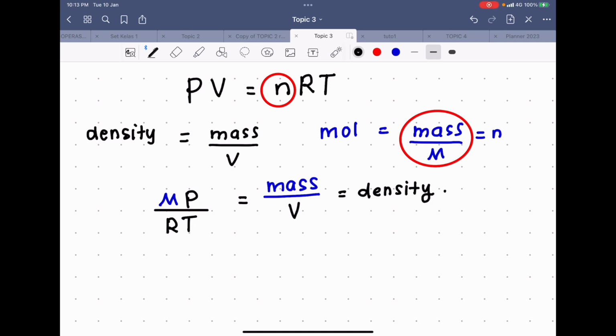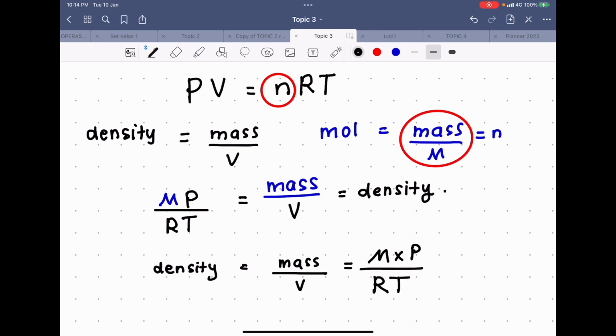If I rewrite this, density equals mass over volume. But when we do the exercises or problems in gas law, we normally don't have this, but we may have molar mass multiplied by pressure divided by the R constant and temperature.